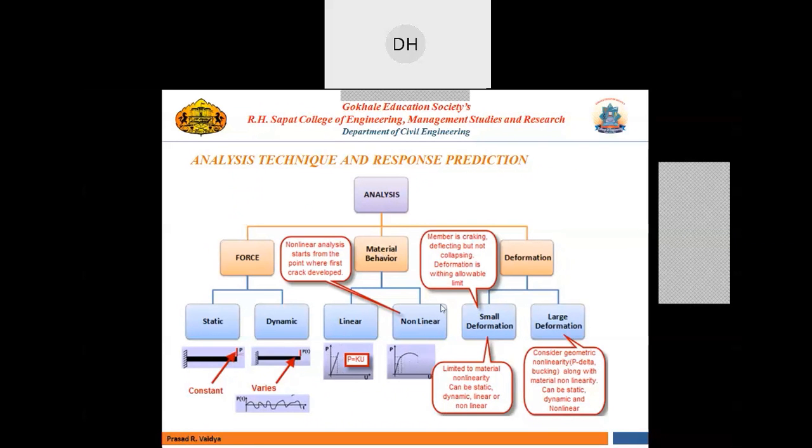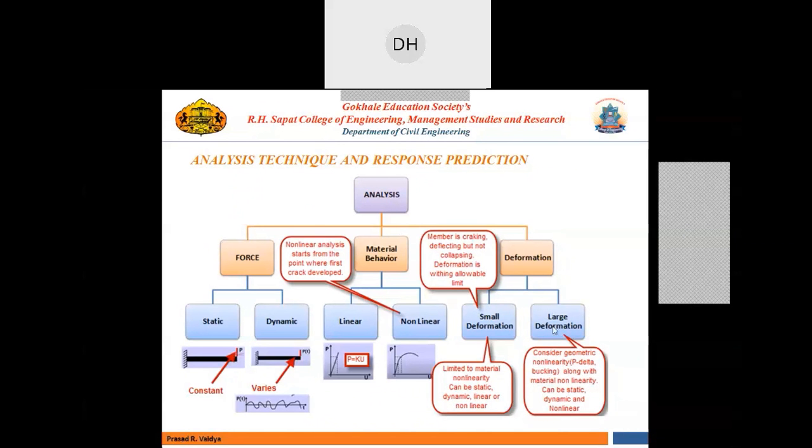So material behavior can be linear or non-linear, but all materials actually behave in a non-linear fashion after their elastic limit. Please remember that. So to capture that behavior, the non-linear analysis is a must. Only then can you capture the actual behavior of that particular material.